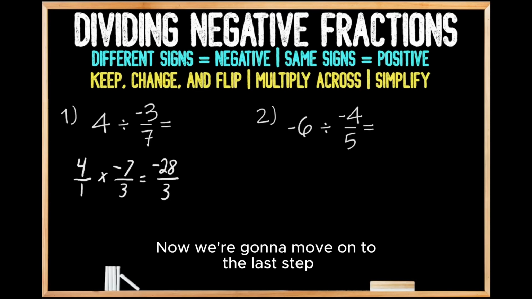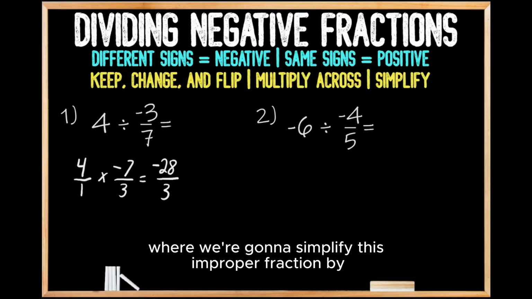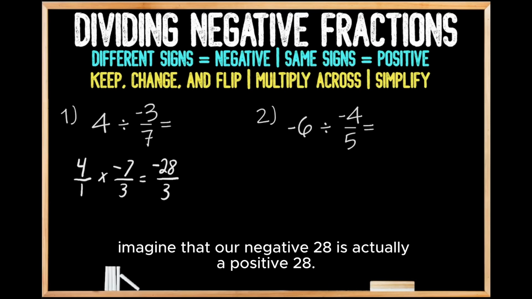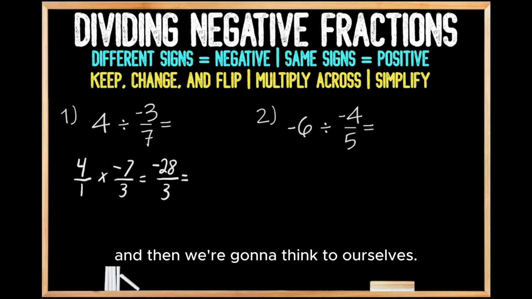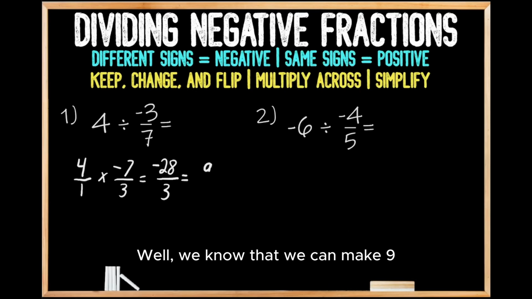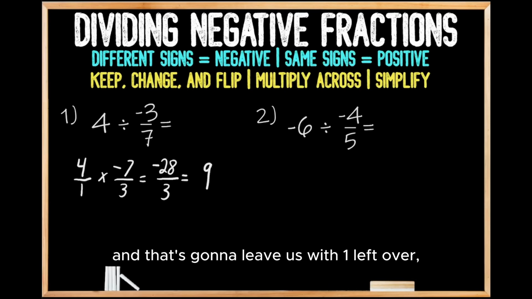Now we're going to move on to the last step where we're going to simplify this improper fraction by converting it into a mixed number. And to make this a little easier, we're going to imagine that our negative 28 is actually a positive 28. And then we're going to think to ourselves, how many equal groups of 3 can we make out of 28? Well, we know that we can make 9 equal groups of 3 out of 28, and that's going to leave us with 1 left over.